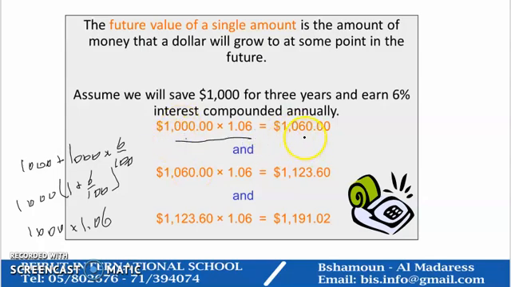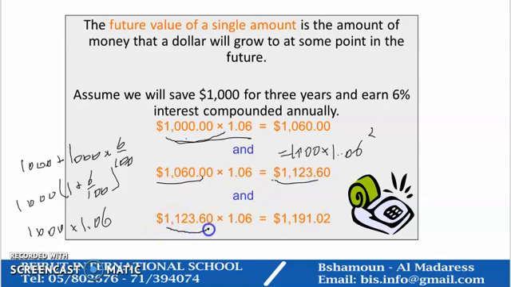So the new amount will be $1,060 after the first year. In fact, for the second year we have 1,060 times 1.06, which is this formula. So I can replace this quantity by this quantity. So I have 1,000 times 1.06 times 1.06, which gives us 1,000 times 1.06 exponent 2, and this is its value.